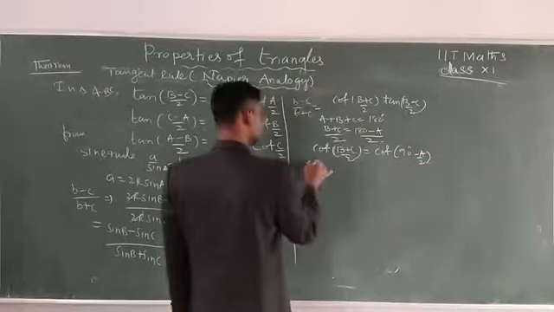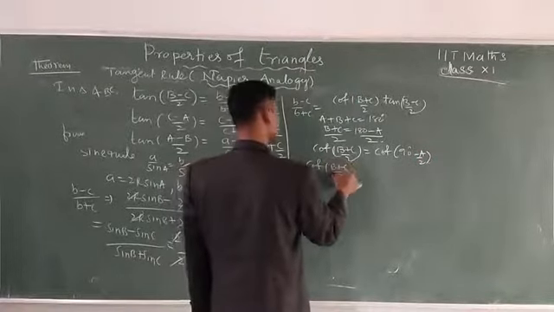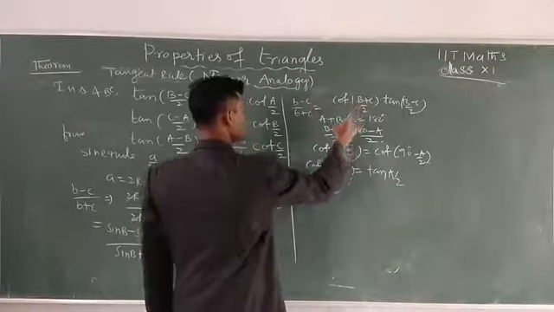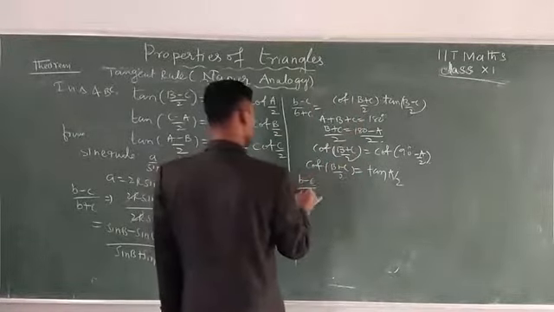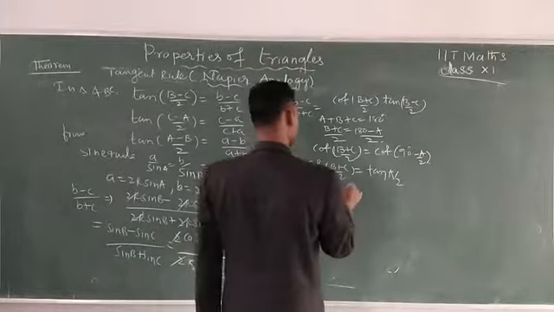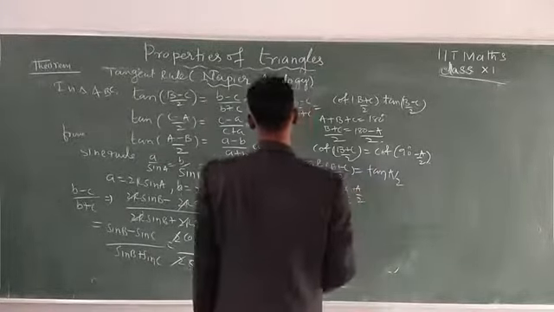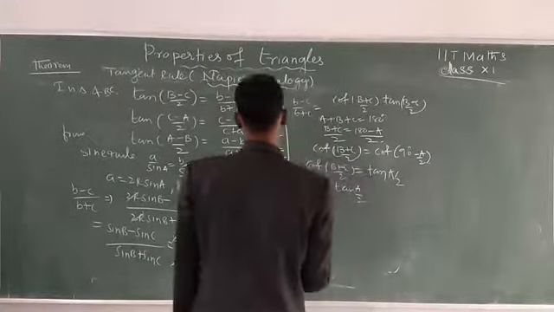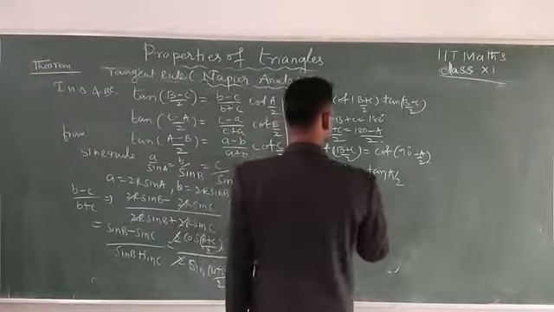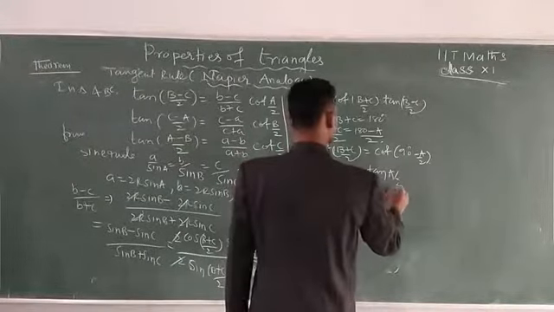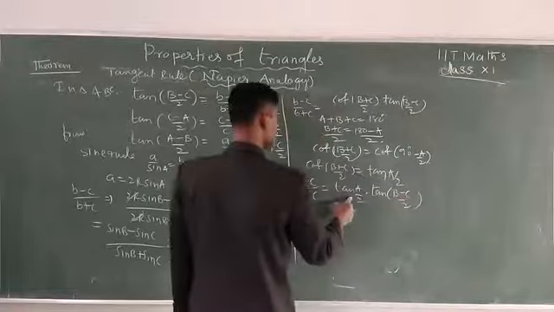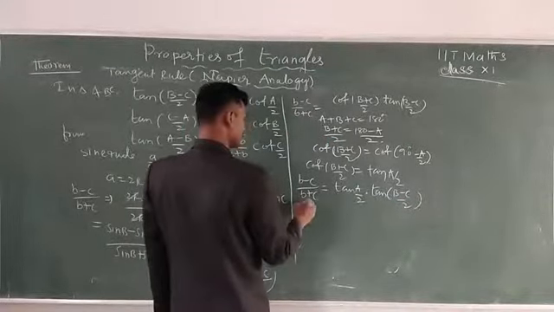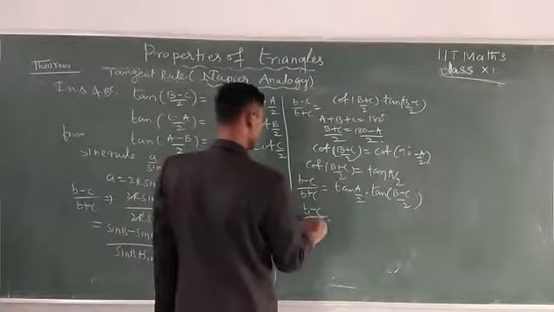Now this is rewritten as cot (B plus C)/2 is equal to cot (90 minus theta), which is tan. Now in this place you have to substitute (B minus C)/(B plus C) is equal to tan A/2 into tan (B minus C)/2. Now that goes to the denominator, and it is written as (B minus C)/(B plus C).